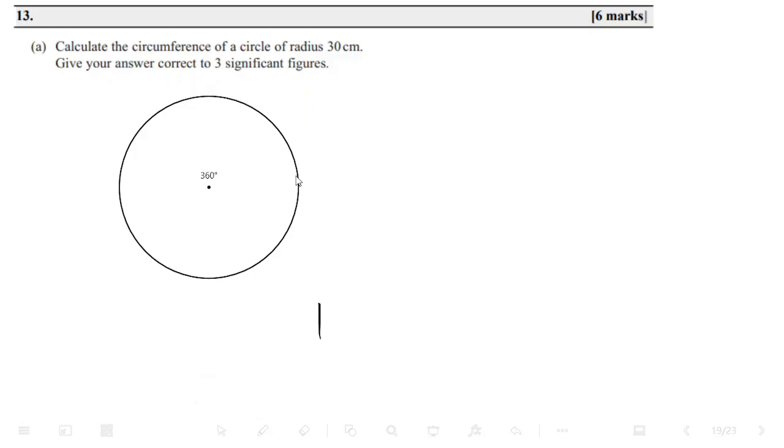The circle is given, and its radius is given as 30 centimeter. If they are asking for the circumference, can you find the circumference of this circle if the radius is given? Can you tell how we will do it?